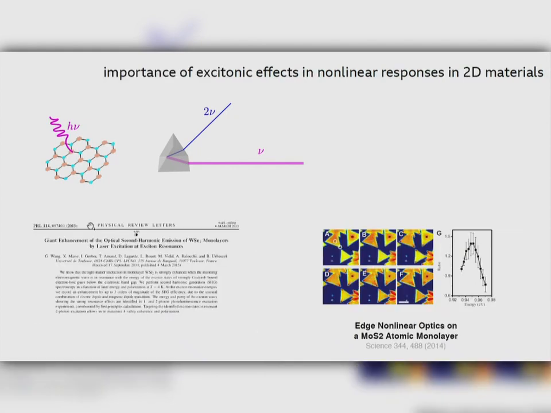And of course, when we are looking at what kind of theory we want to develop, we also have to look at the physics we need to include. For those materials, there have been several experimental works saying that excitons are important. So that means that we would need an approach that includes the physics of excitons.